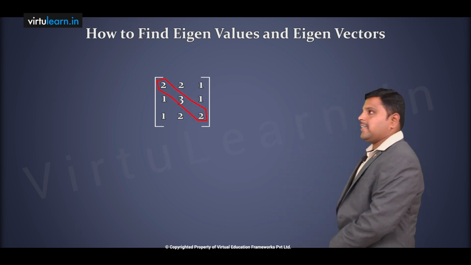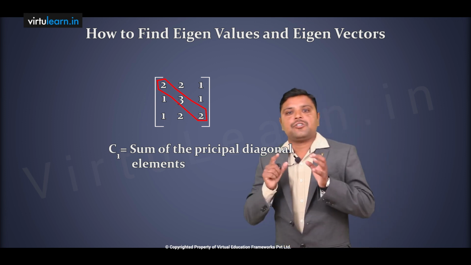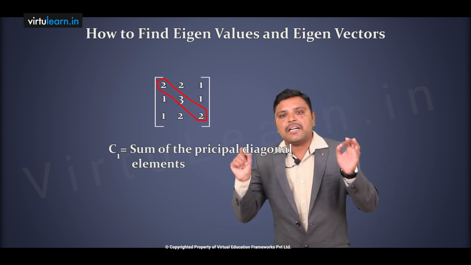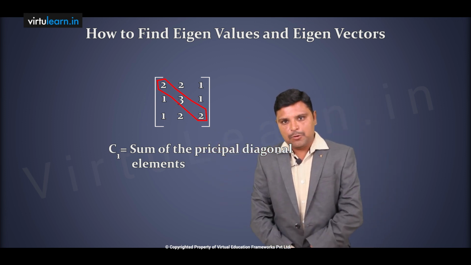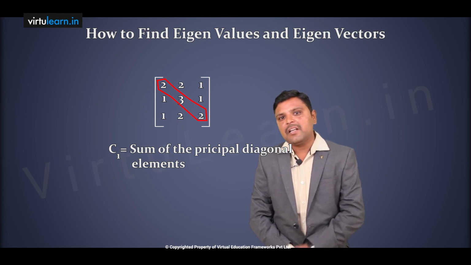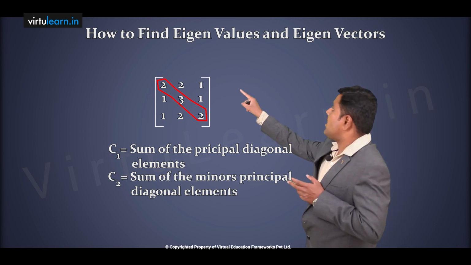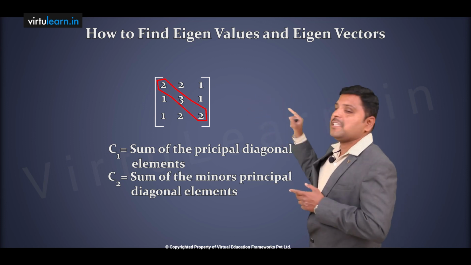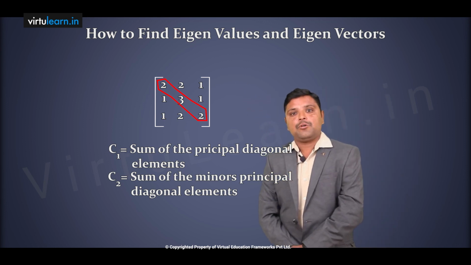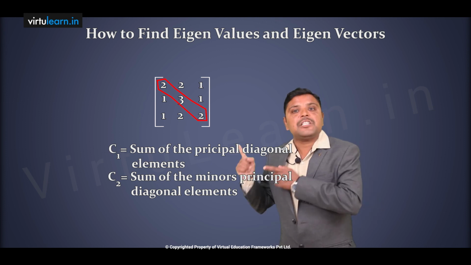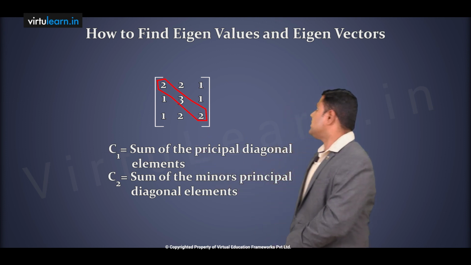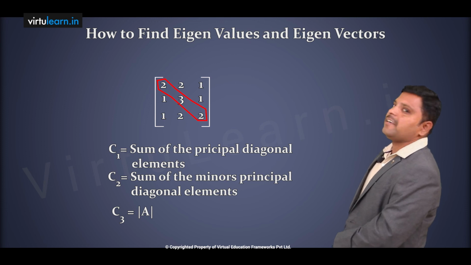Am I right? Then C1 equals the sum of the principal diagonal elements. Now C2 equals the sum of the minors of the principal diagonal elements. Right? C3 equals the determinant of A.